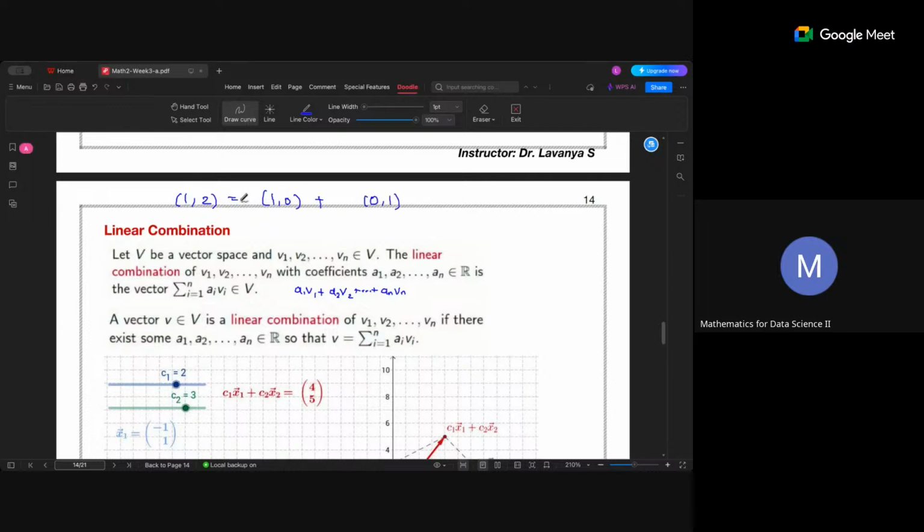Can I find some coefficients which satisfy this equation? Any suggestions? What should be my a1? What should be my a2? a1 is 1 and a2 is 2. Okay. What is meant by linear combination when I have only one vector?